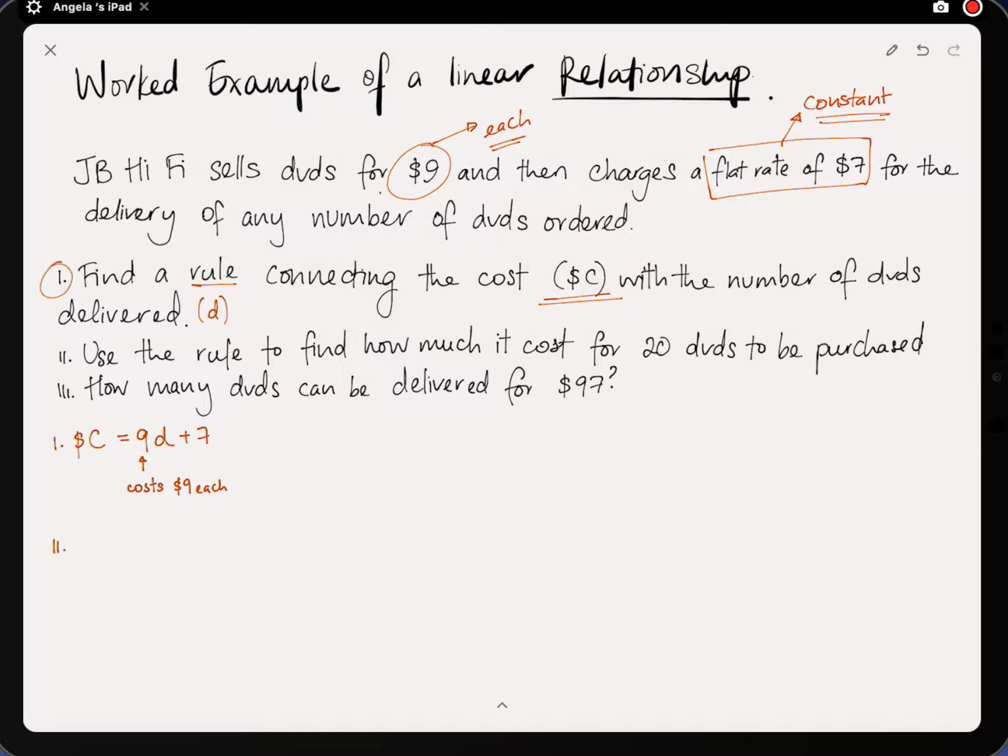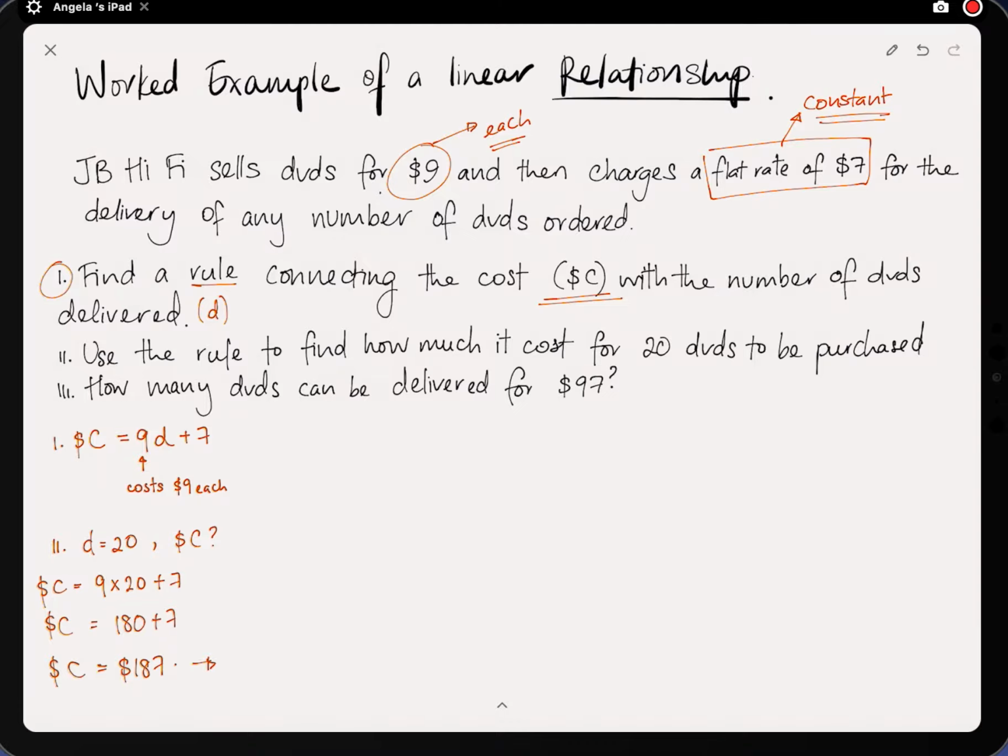Part 2 says to use the rule to find out how much it costs for 20 DVDs to be purchased. So in this situation, D is equal to 20, and what I'm trying to solve for is cost. Substituting that in, I'm going to do 9 times 20 plus 7 equals my cost, and therefore my cost is going to be 180 plus 7, so my cost is 187.